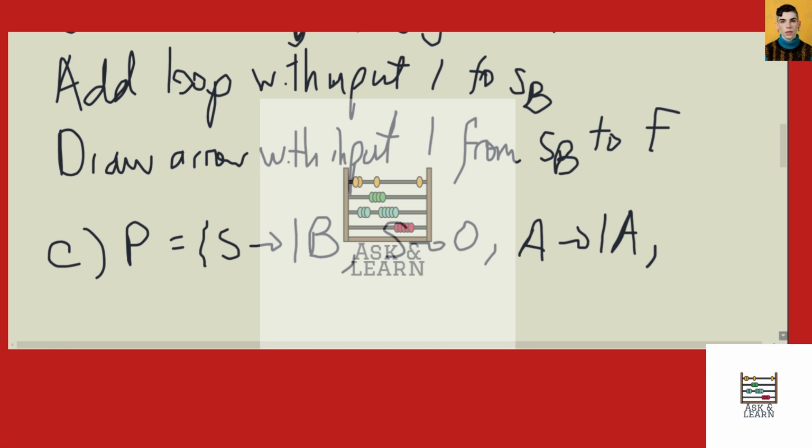A can be replaced by 0B and A can be replaced by 1. A can be replaced by 0 and B can be replaced by 1.